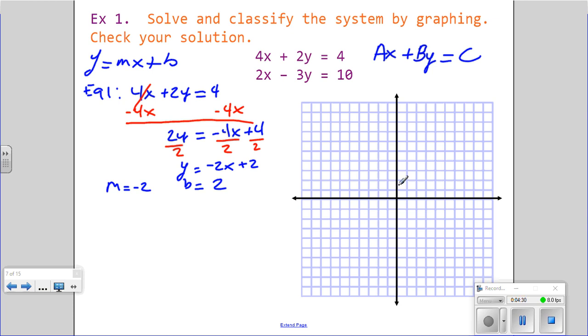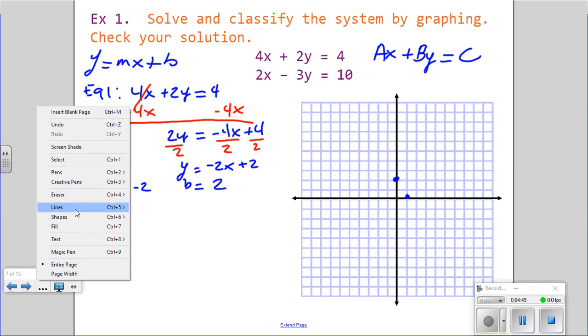So I would plot b, positive 2, on my y-axis, then use my slope, which says negative 2. That means go down 2 spaces and right 1 space to find another point. All you need is 2, and then draw them with a straight line.